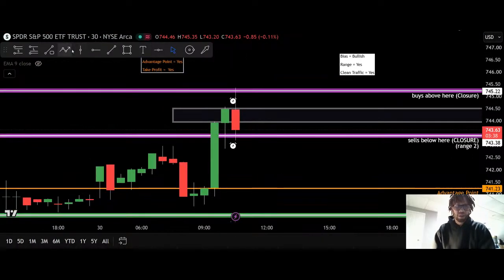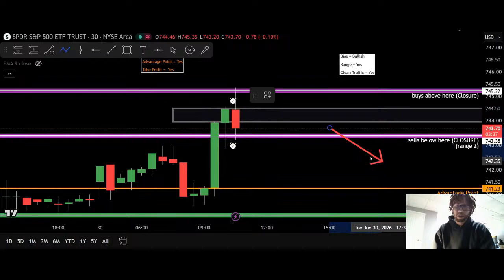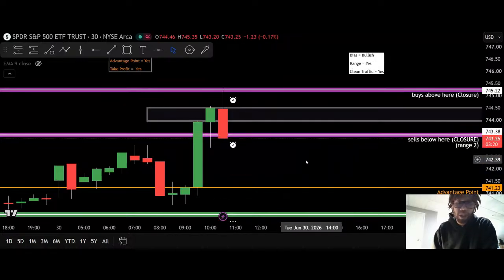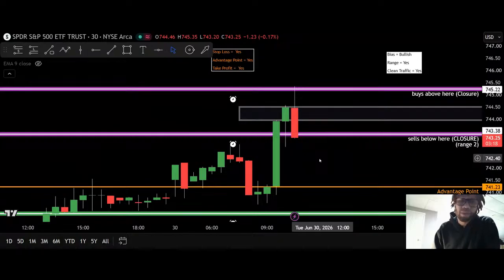And again, for the sells, I'm going to need a break and retest or a seller replay, which is pretty much a bearish candle close below, and then a bullish candle also closes below, and then I go short the break of the previous candle lows. Three minutes for this 30-minute candle to close.